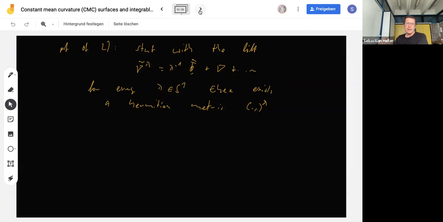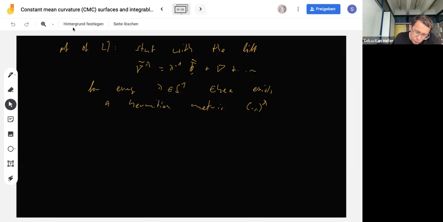But if we apply a complex gauge transformation, it means that our Hermitian metric can also be gauged such that it's again unitary for the gauge connection. So at least this is the idea. It means that we should think of these Hermitian metrics, depending on the spectral parameter lambda, as gauge transformations, or pullbacks, of the standard Hermitian metric.